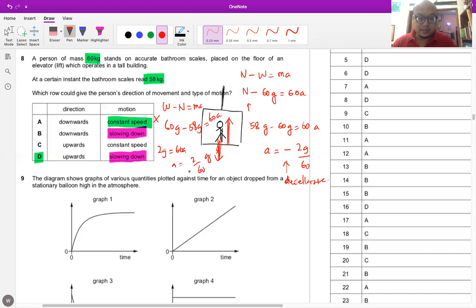This is acceleration. When they go upward, this is deceleration, or slowing down. So the correct answer is D.